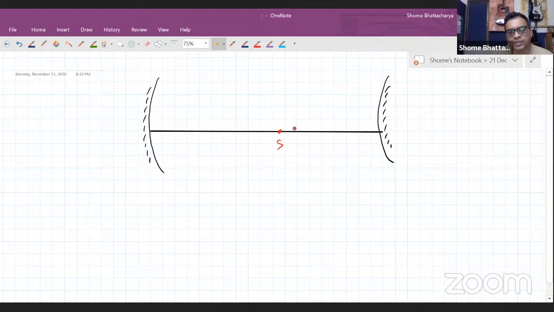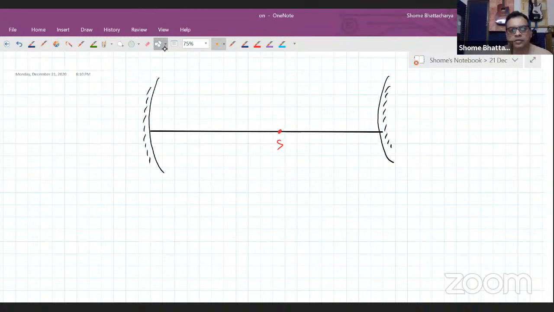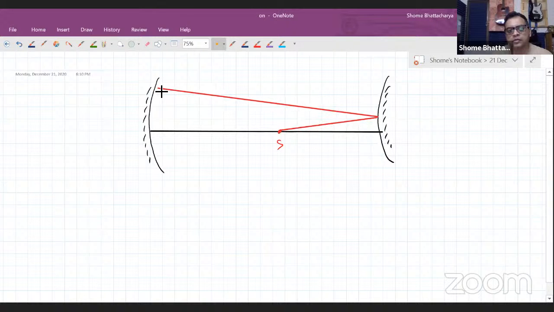One possibility is that the incident rays follow this kind of a path.